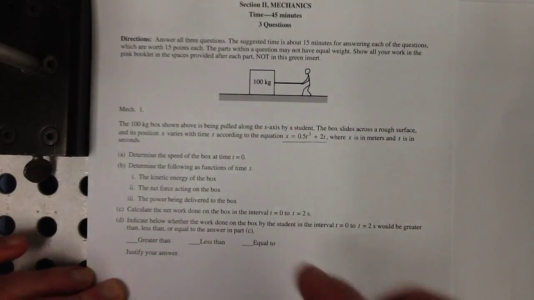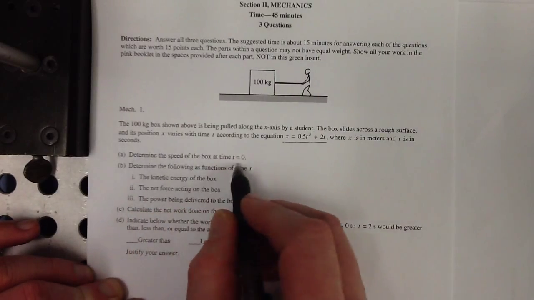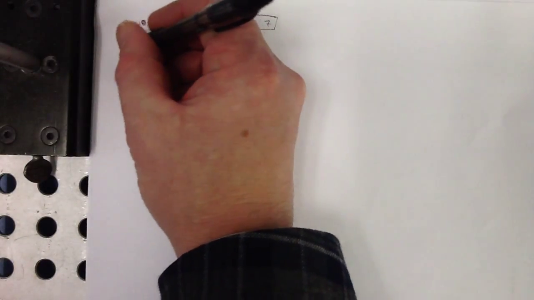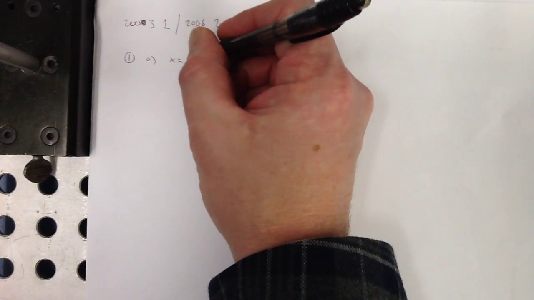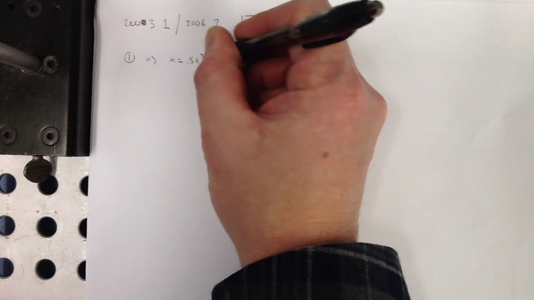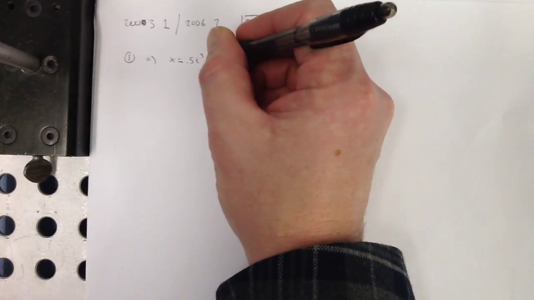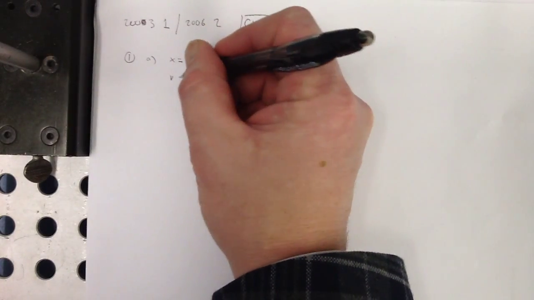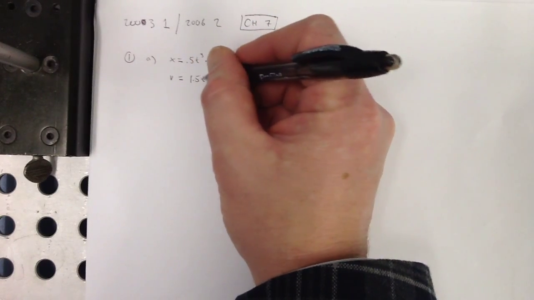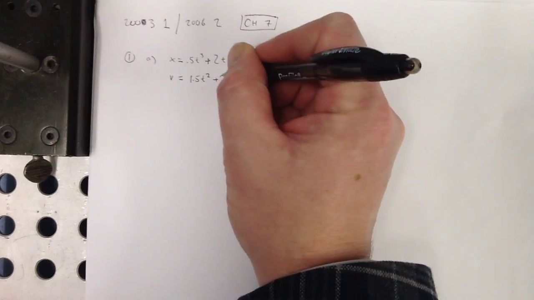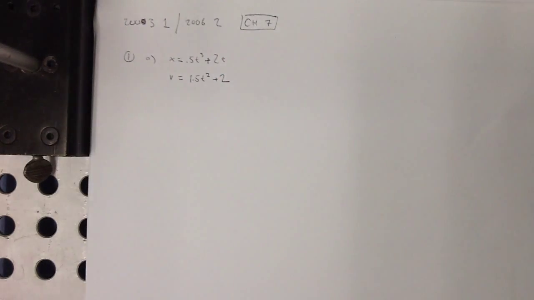Okay, so part A, determine the speed of the box at time 0. So if I know that the position is 0.5 t cubed plus 2t, then the velocity will be 1.5 t squared plus 2, the derivative of that.